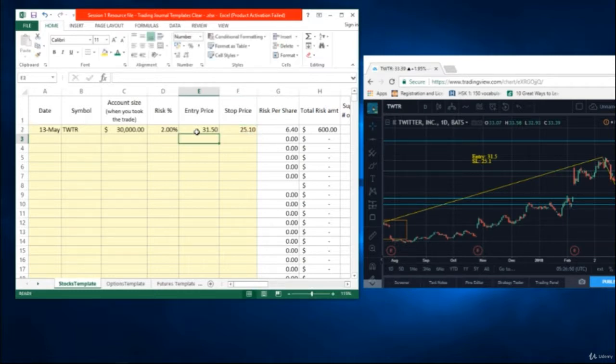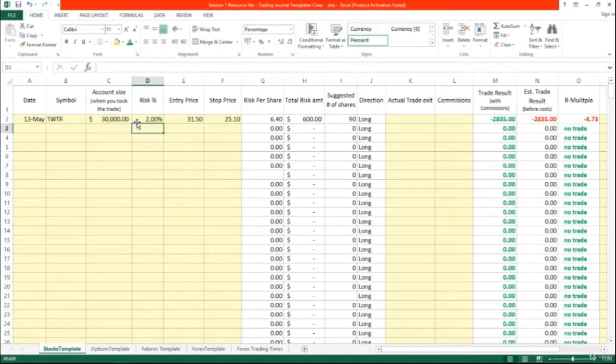When you enter all of this information, this Excel calculator automatically calculates how many shares you should buy. It is the process of calculating how many shares you need to buy in order to risk a certain amount of your money in the market.